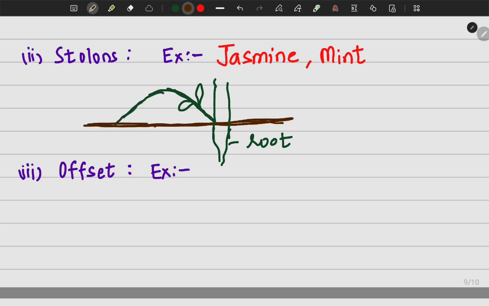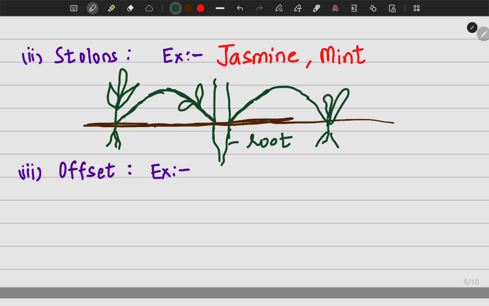It will touch the soil, and whenever it touches the soil, it will give rise to a new plant. So suppose on this side a new plant is formed, similarly on this side also a lateral branch may arise, grow, and after some time fall on the ground, and whenever it touches the soil, it will form root and shoot system and give rise to a new plant. So this structure is called a stolon. Examples are jasmine and mint.